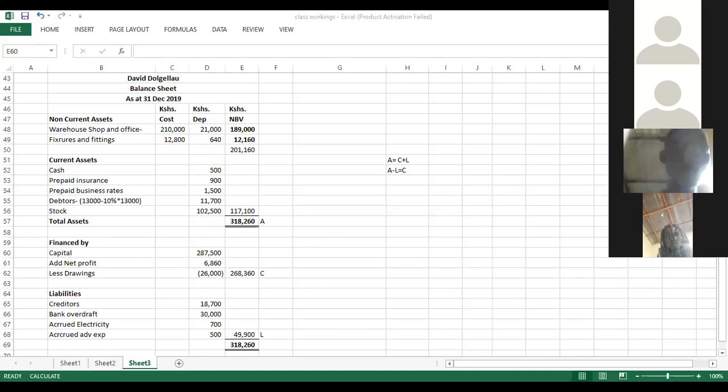Let me see. Is it ledgers? Or was it the trial balance? Let me look for that information. I know it is somewhere. I want to answer Jacqueline and the rest of you who keep on repeating this.